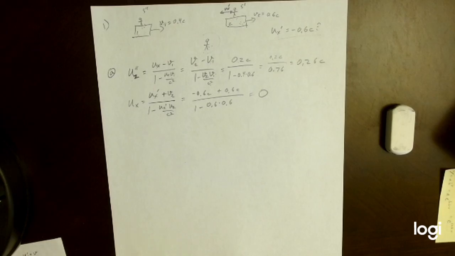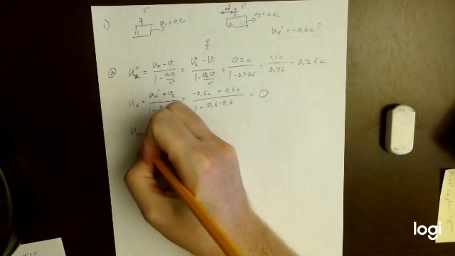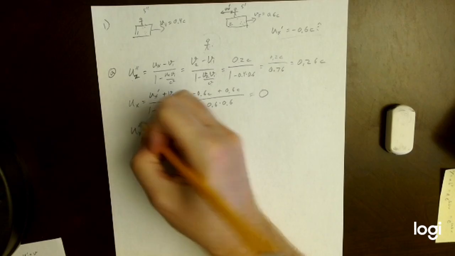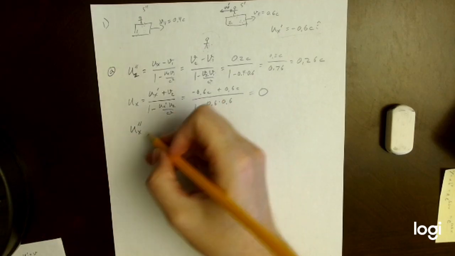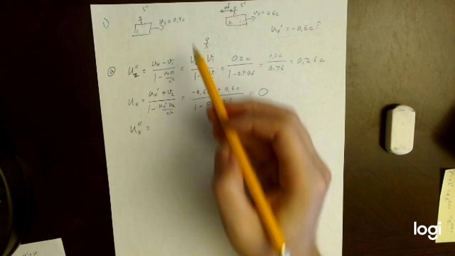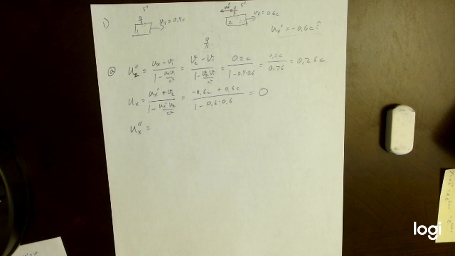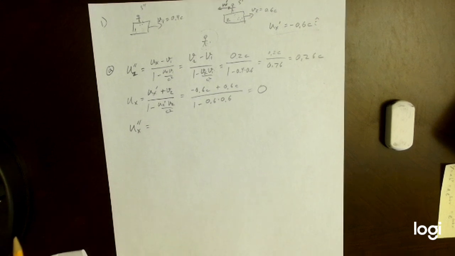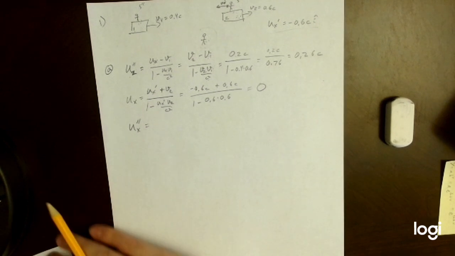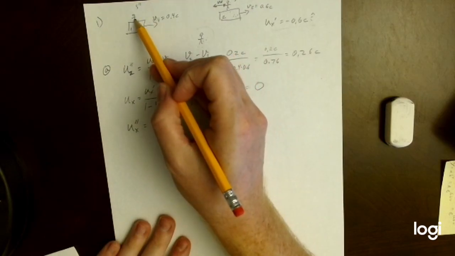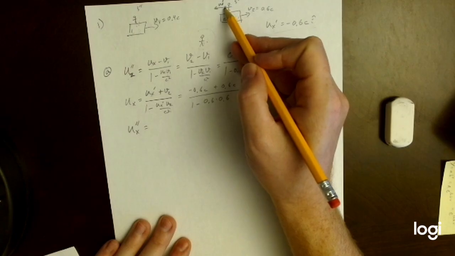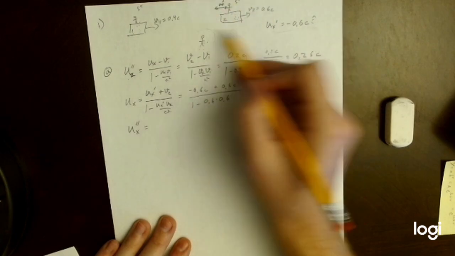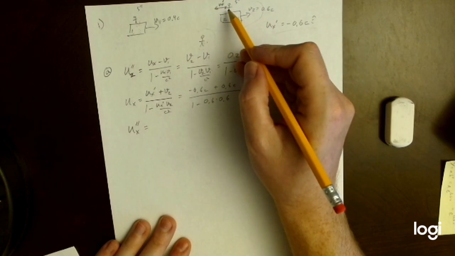So we could then think about what is the velocity of the ball in the double primed frame. And to do this, I want to know from the perspective of this person. So I'm going into the double primed frame, and we're going to consider from this being the rest perspective.